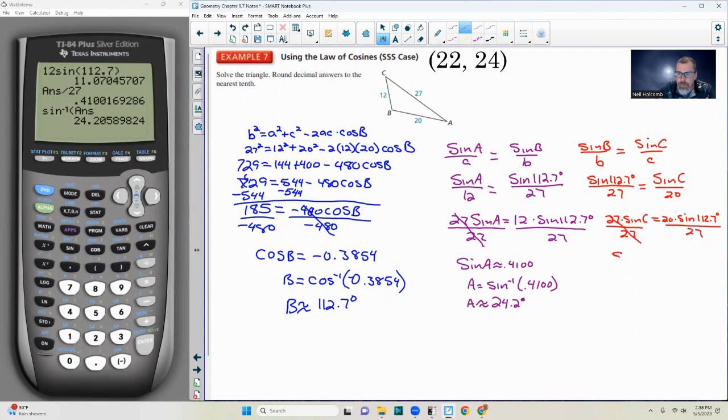These cancel. I get the sine of C equals 20 sine 112.7, close the parentheses, enter, divided by 27. Enter. And I get 0.6834. That's an approximation.